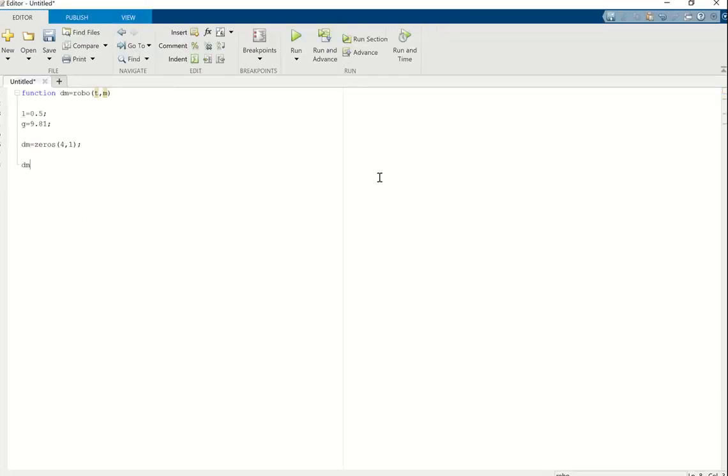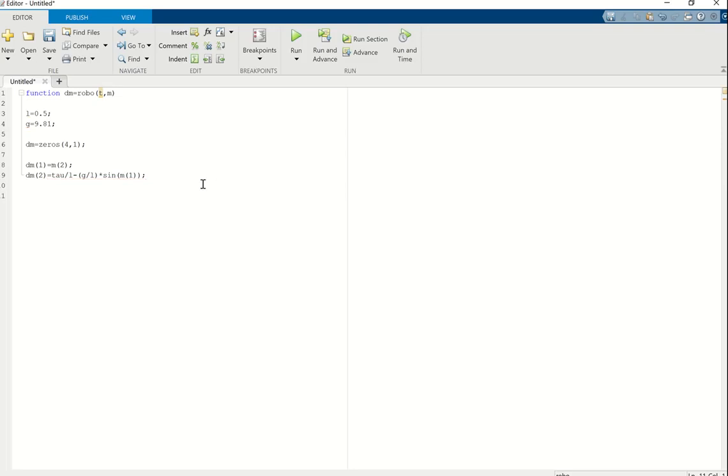So now dm1 is equal to m2, you got it. dm2 is equal to tau divided by L minus g divided by L multiplied by sine of m1, exactly as I typed in the PowerPoint version.